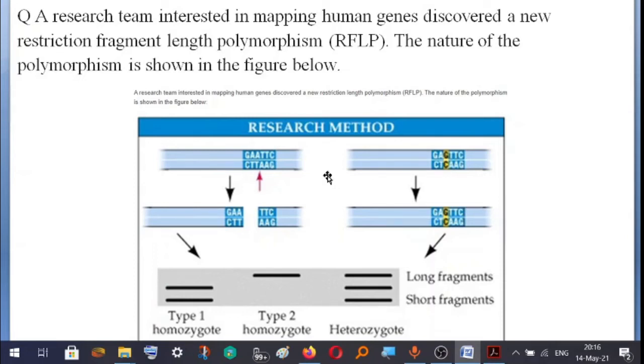So this is not exactly a mutation, but a change in base pair sequence. Because of the change in the base pair, this restriction site is now inactive, because the restriction enzyme cannot identify this changed restriction site. That's why the restriction enzyme won't be able to cut the DNA into two pieces.